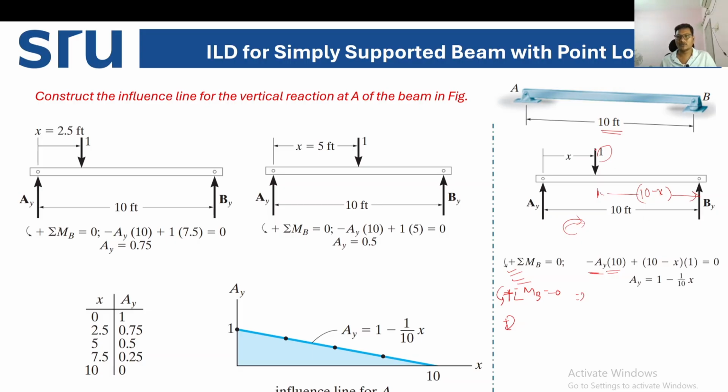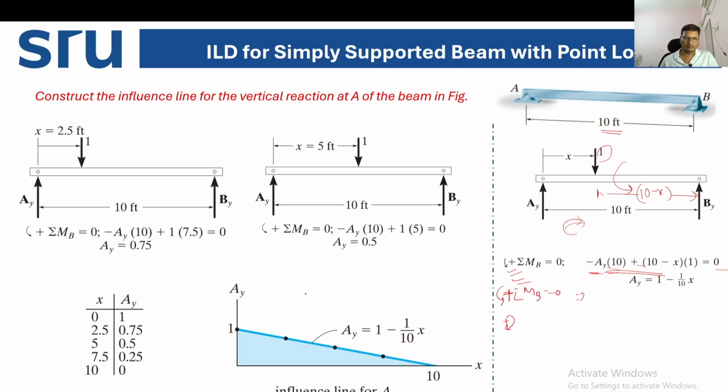So unit load 1 into (10 minus x) is equal to 0. And this is positive because it is anti-clockwise. So now what will be the reaction at A? AY we have calculated as 1 minus x by 10. If you solve this, 1 minus x by 10.